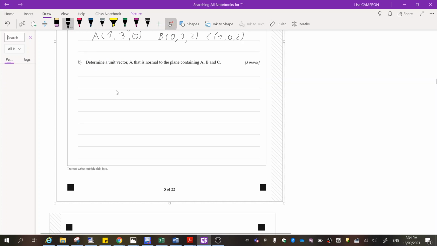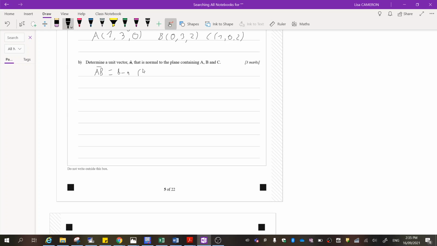So to do that, first we need to find n, and to find n we'll need 2 vectors in the plane containing A, B, and C. So first we need to find AB, which would just equal B minus A.